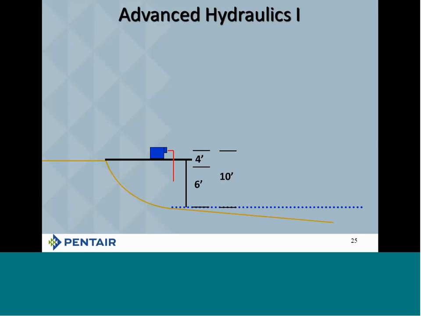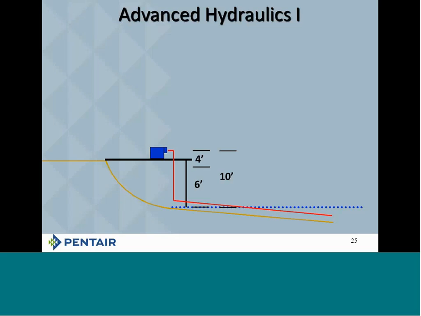Now I want you to know it's not just a matter of getting to the water. It's a matter of going off far enough out in that lake so that we can get the pipe under the water. And it needs to be under the water by at least 6 pipe diameters.